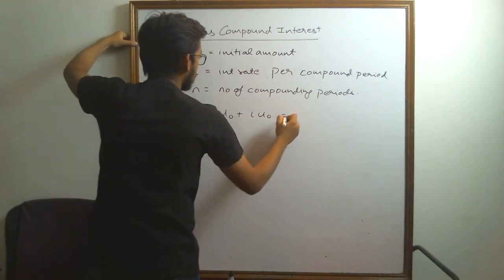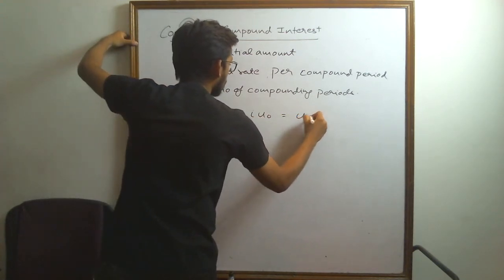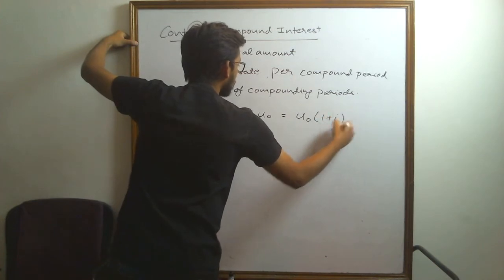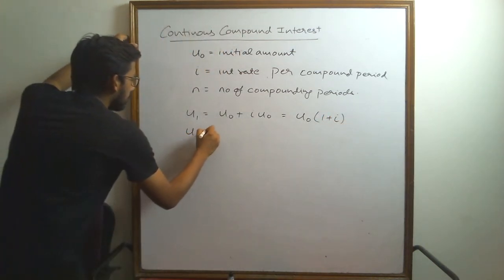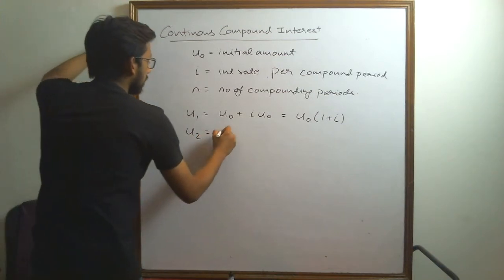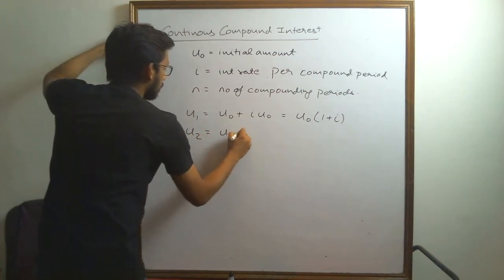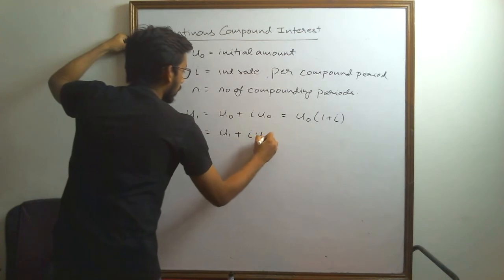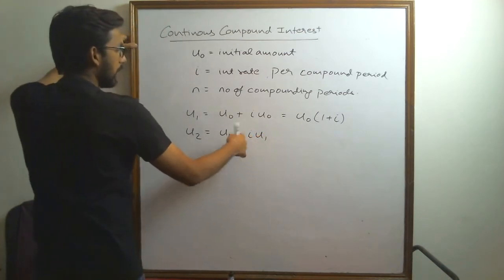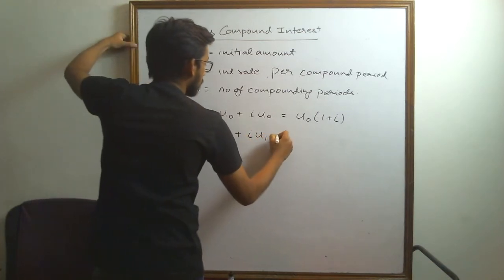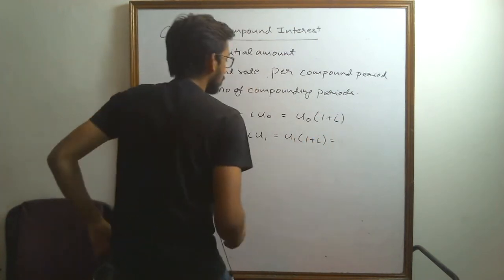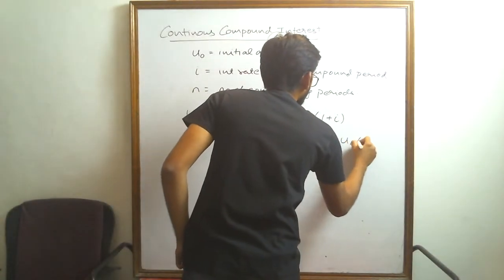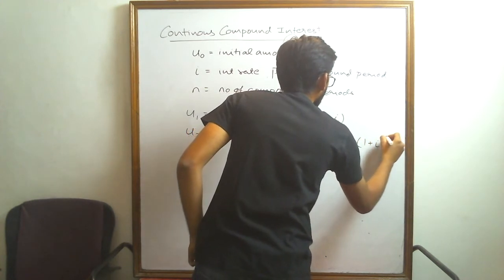So this is equal to U naught into 1 plus I. After the second compounding period, this will be equal to U1 plus I U1. So the interest will be paid on U1 this time. So this is equal to U1 into 1 plus I, which is equal to U naught into (1 plus I) to the power 2.